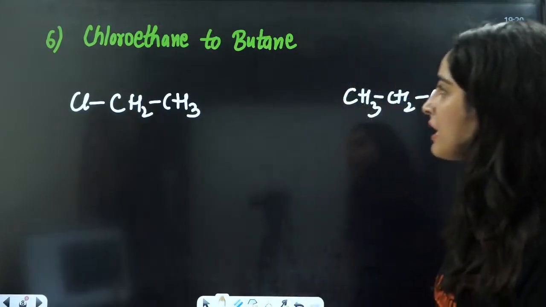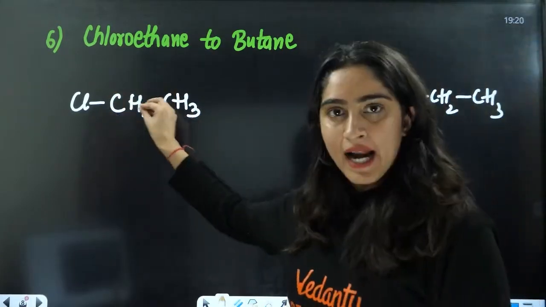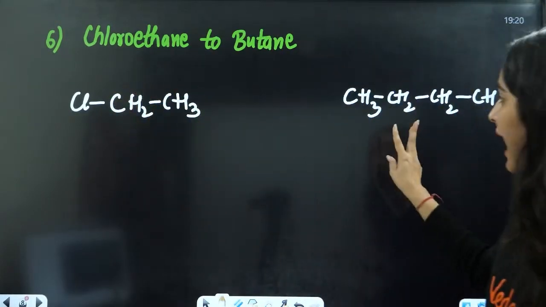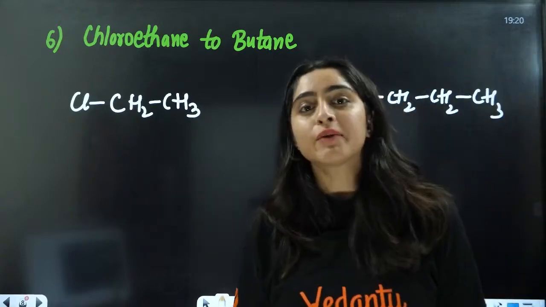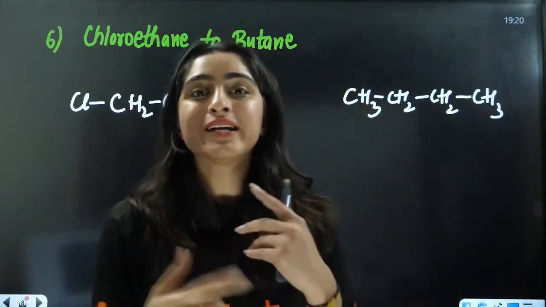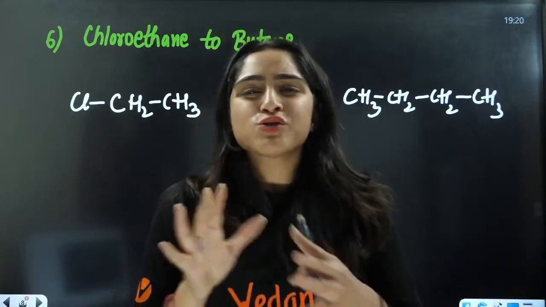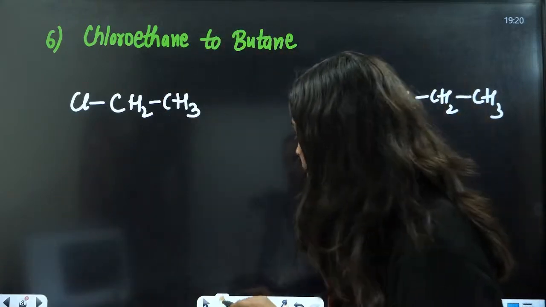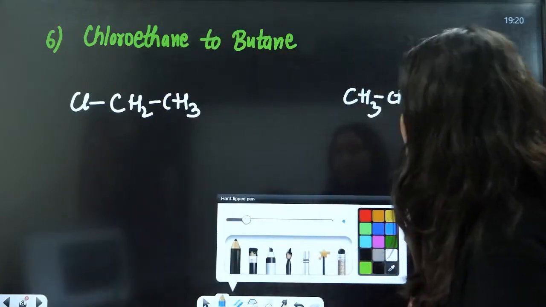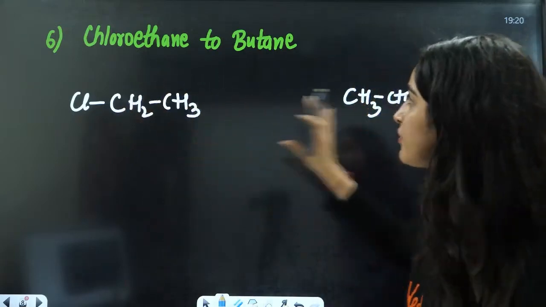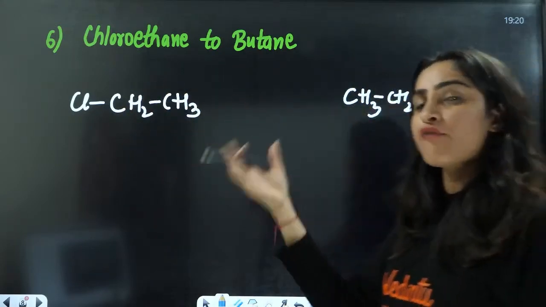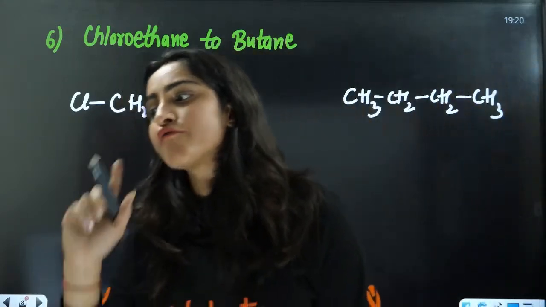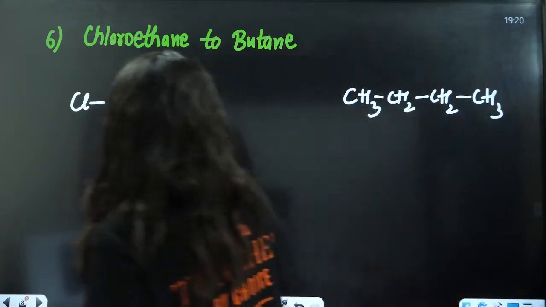This is 2 carbon atoms in the reactant, and here we have 4 carbon atoms. That means it is actually double the carbon atoms. That is only possible in a few cases, and here the case is that we have a halide and we are converting it into double the number of carbons in the alkane. That is possible by Wurtz reaction.